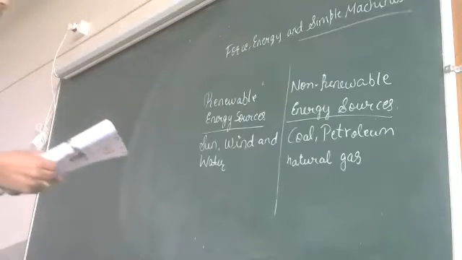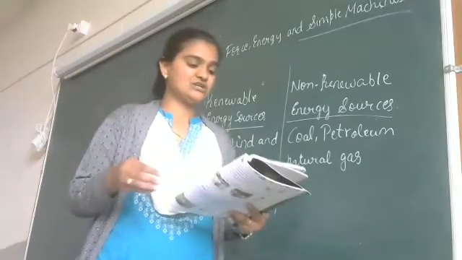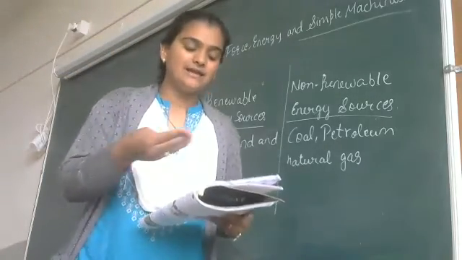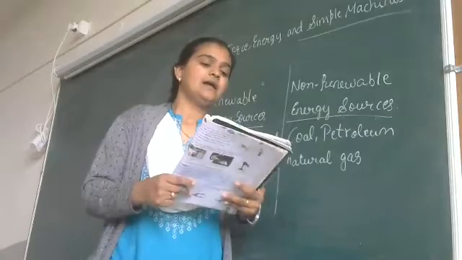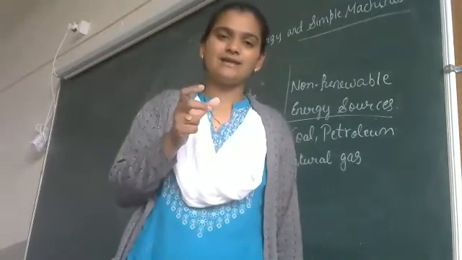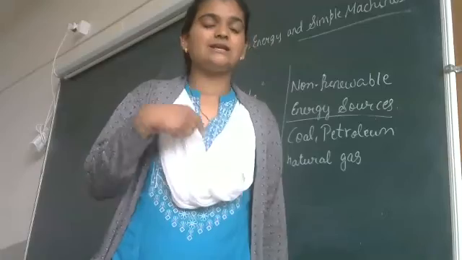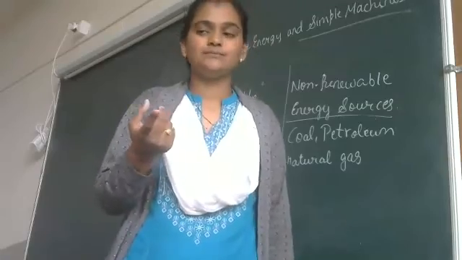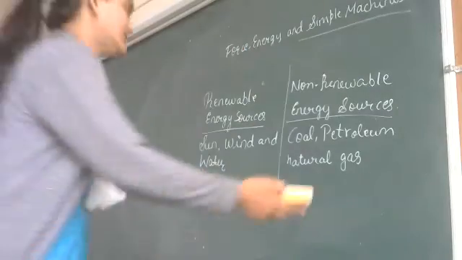The next one is that one form of energy can change into another. Here we have discussed the electric cell, which contains chemical energy. Chemical energy is being transformed into which energy?